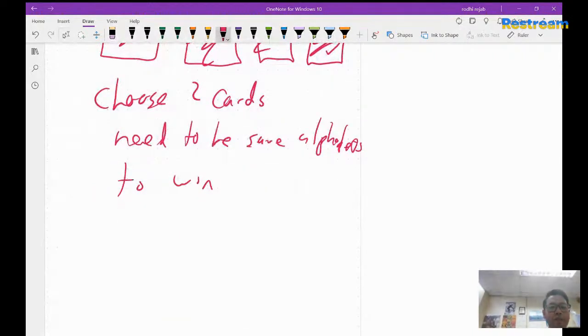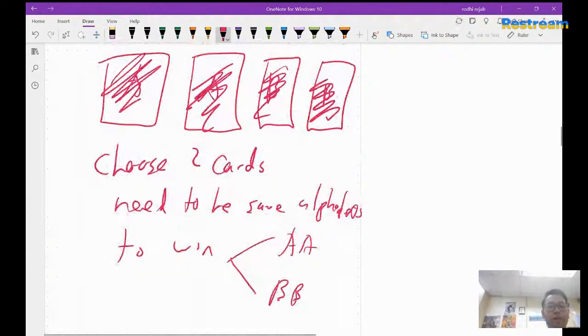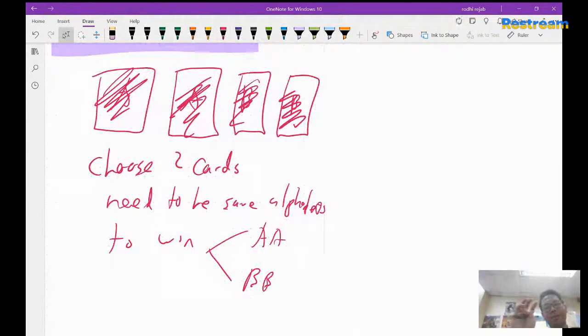So it's either AA or BB. On a first glance, what's the probability of winning?